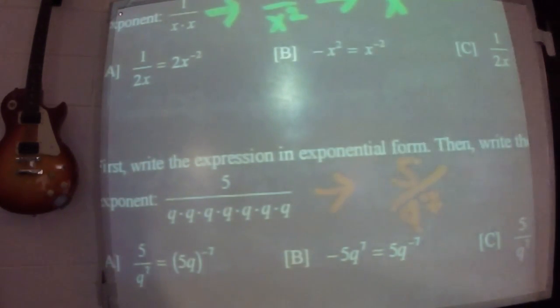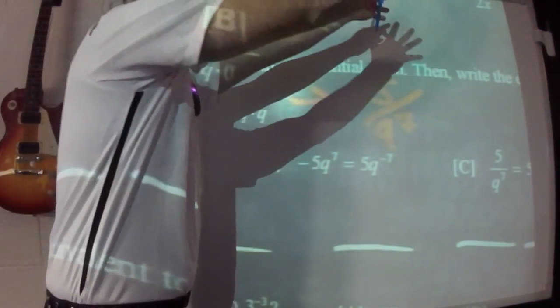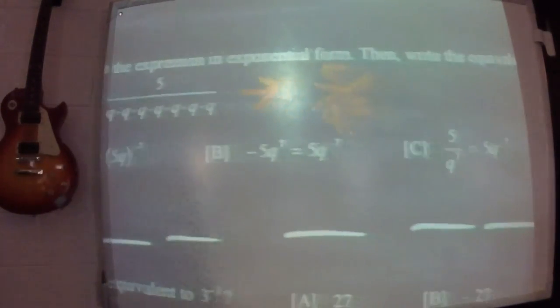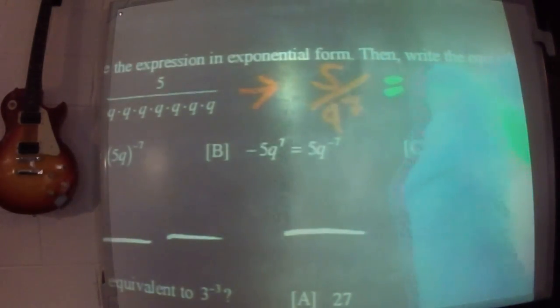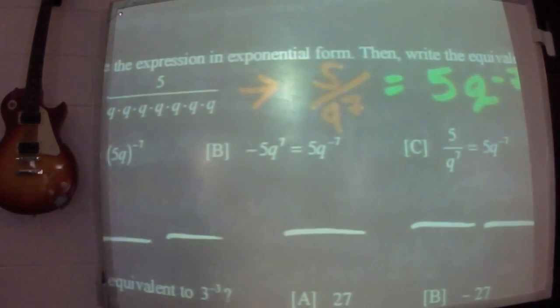When you bring the q to the 7 up, you're going to make it q to the negative 7 and just set it with the 5. So 5 over q to the 7, if you bring it up, you'll just have 5 q to the negative 7. C. So it's going to be C.